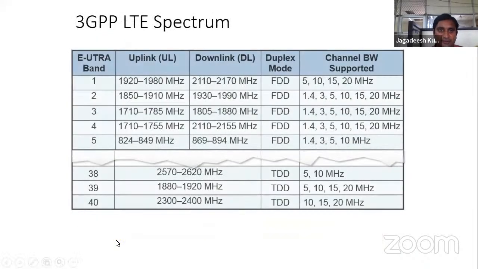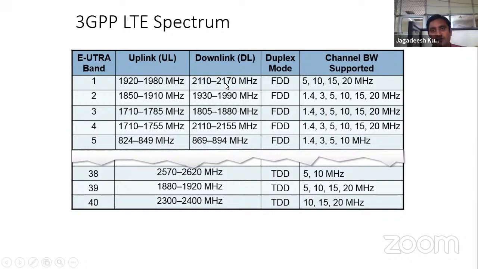This is our 3GPP spectrum. The uplink will be 1920 to 1980 megahertz. The downlink is 2110 to 2170 megahertz. We are using FDD, frequency division duplexing. And like I told previously, the 2500 spectrum is also being supported.